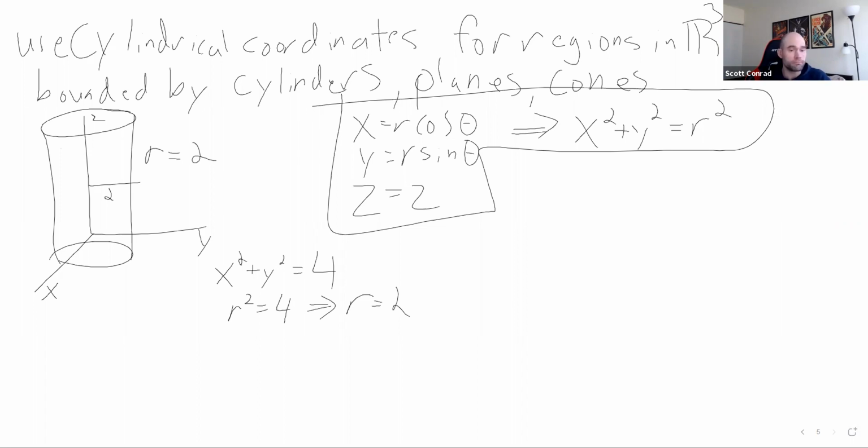That's the equation of the cylinder, x squared plus y squared equals 4. It's the set of all points whose distance from the z-axis is 2, right? And remember, r gives you distance from the z-axis. Or alternately, if you project down to the xy plane, it lies on the circle of distance 2 from the origin.